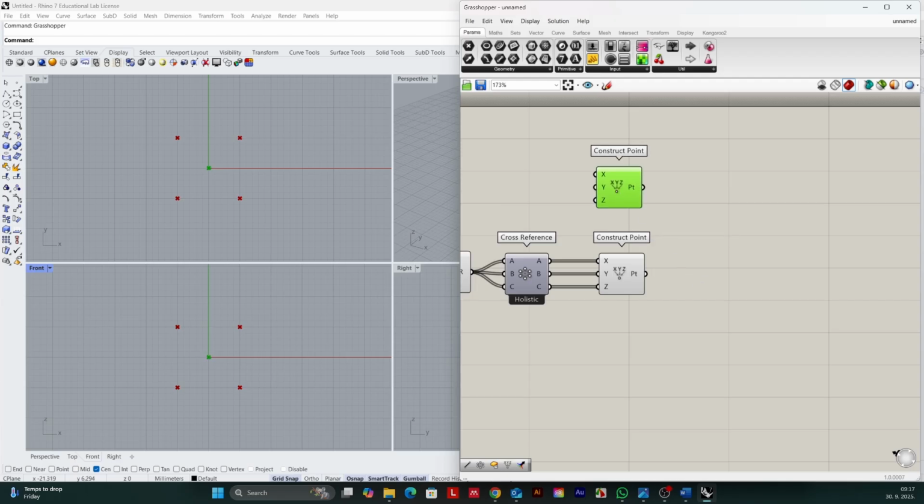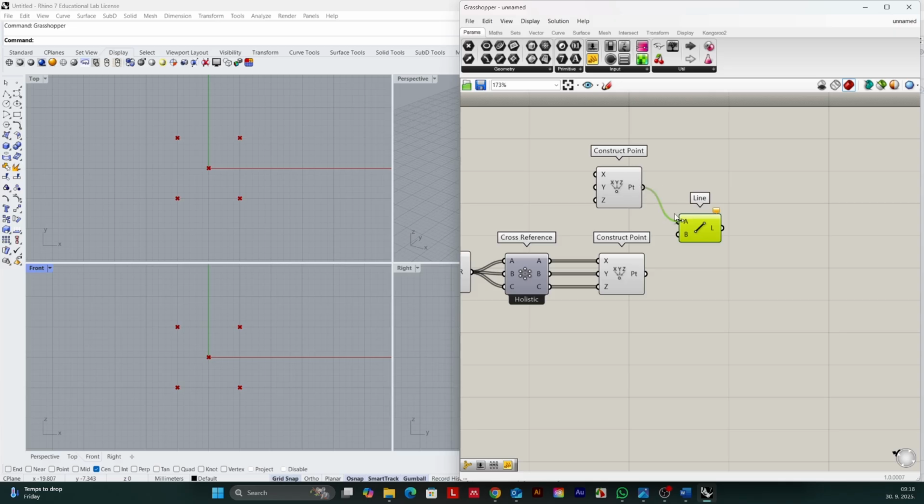Now we introduce a line component to join these corners, a line created between at least 2 points.